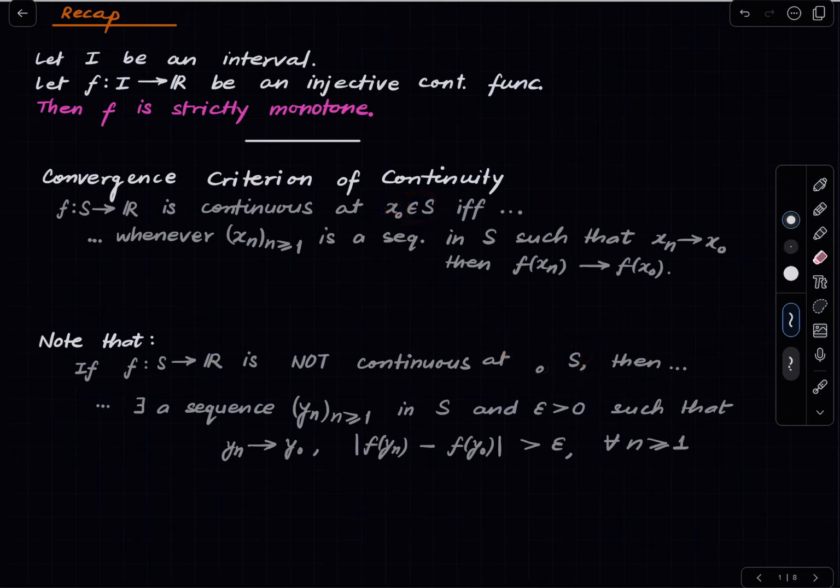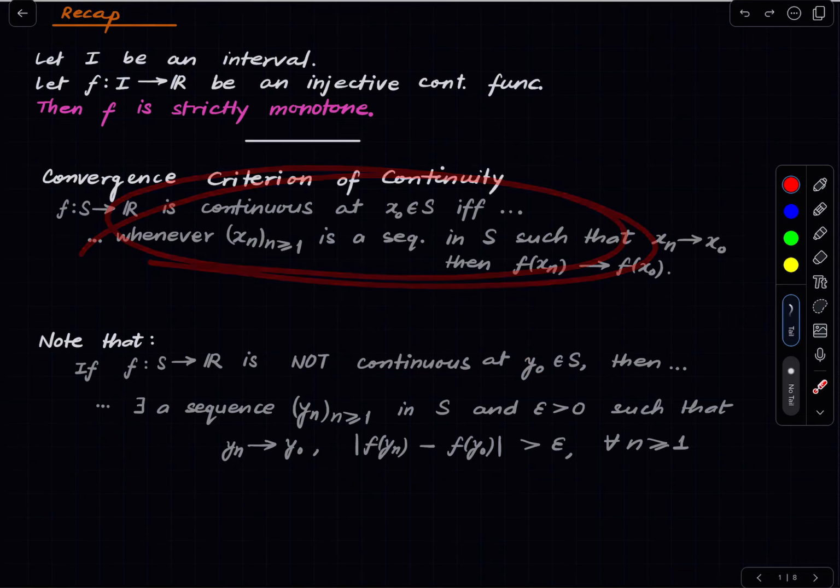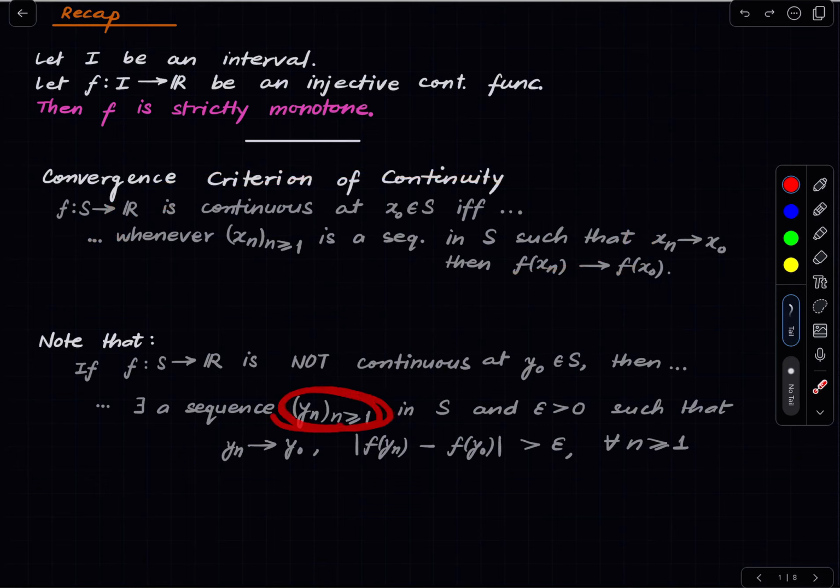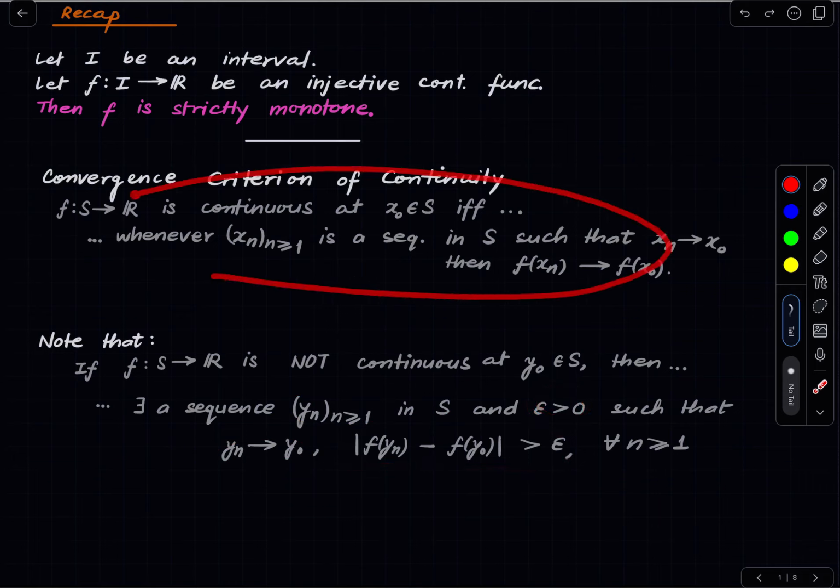So fix a point y naught in S. Then the fact that f is not continuous at y naught implies immediately from this criterion that there is a sequence in S which converges to y naught, and there is a positive epsilon such that this happens frequently, right? Immediately from this criterion you can deduce that.